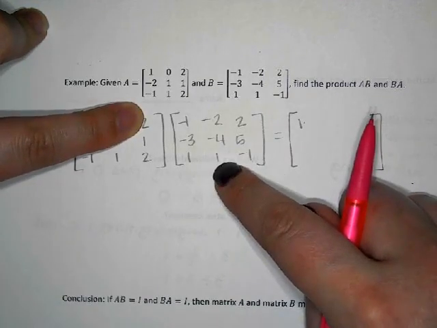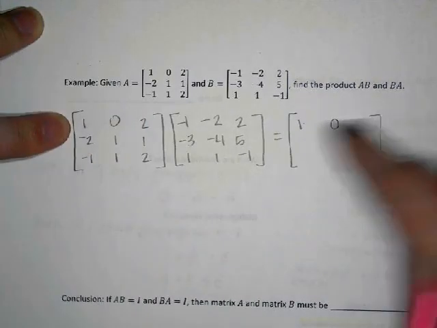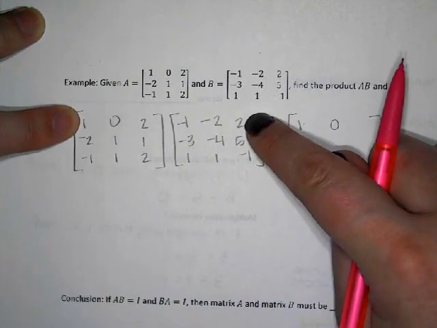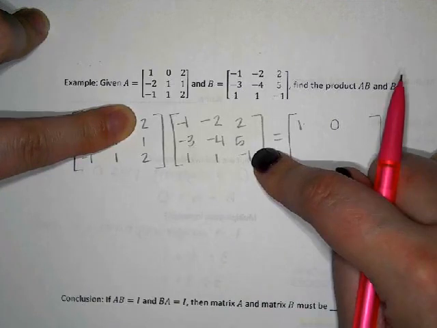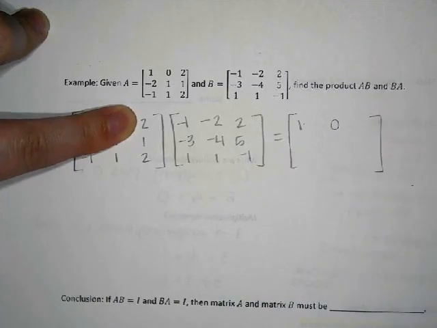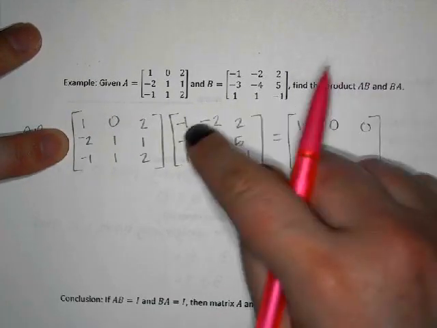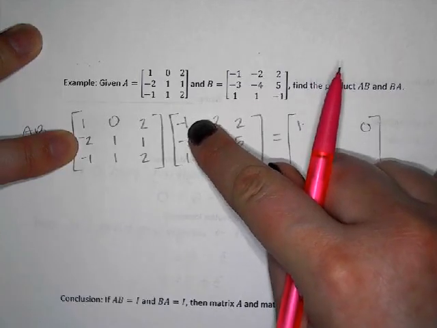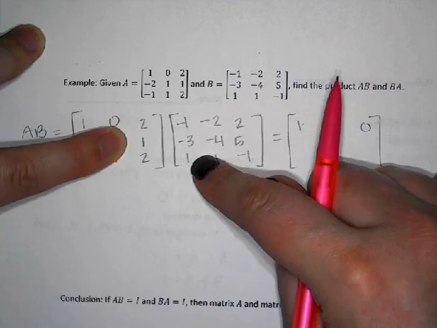Okay, now I'm on the first row, third column, so I've got 2, 0, negative 2. 0. Okay. So now I'm on the second row, first column. So I've got 2, negative 3, 1. 2, negative 3, and 1. 0. Okay.